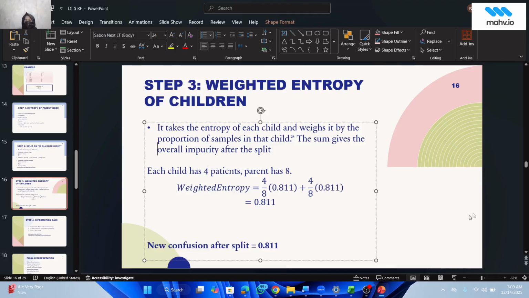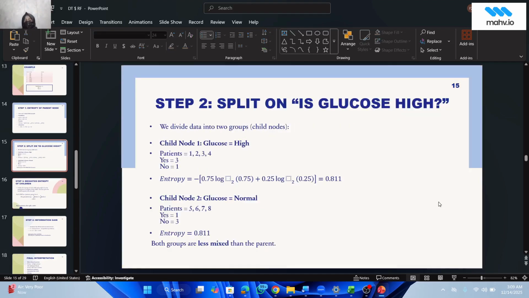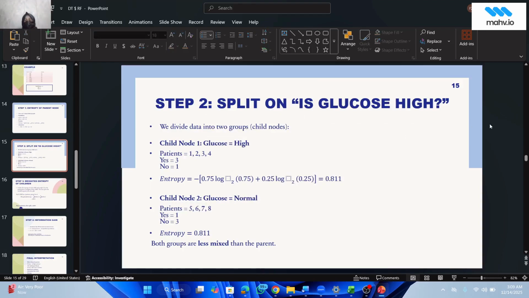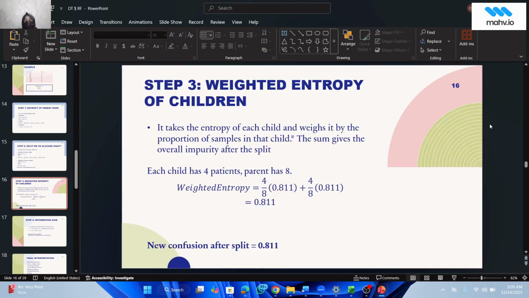You will see here are the two child nodes, this one and this one. Both got the answer of 0.11. After doing that, we calculate the overall split, and you will see now the answer is 0.811.